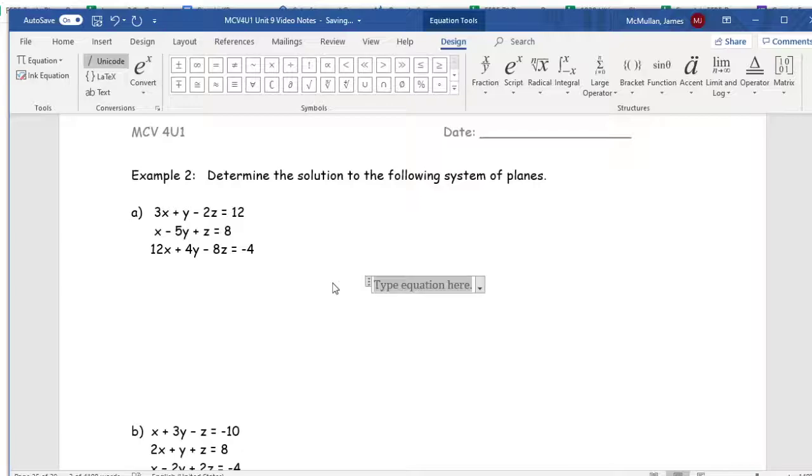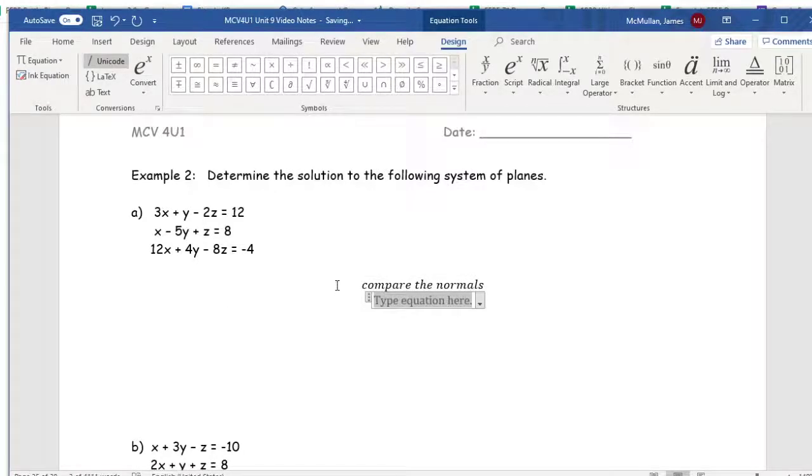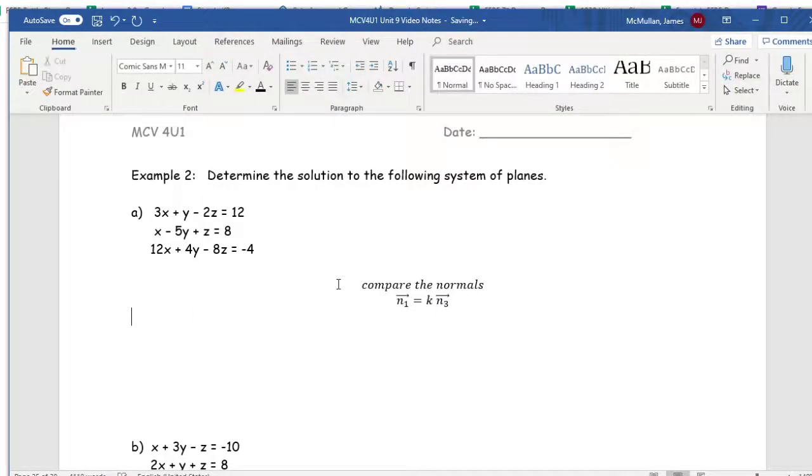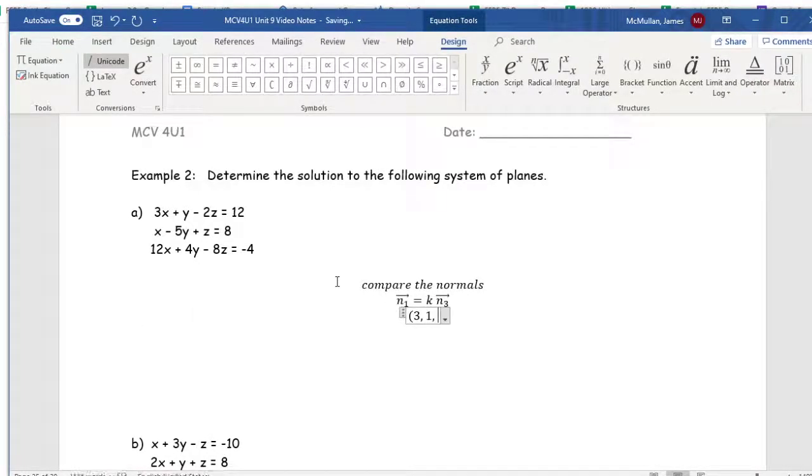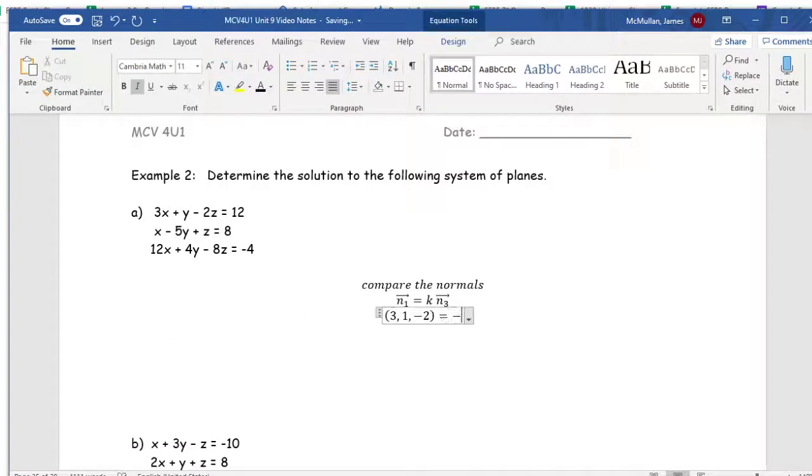So, the first step when you're looking at these planes is to compare the normals. Now, I can see that N1 is equal to K N3. Because N1 is 3, 1, negative 2, and that is equal to K times 12, 4, negative 8.